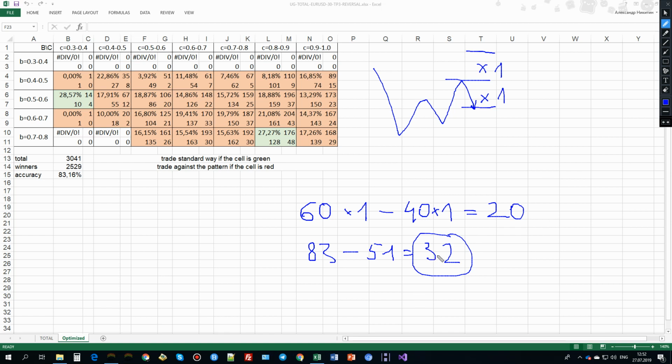So for this to be 32, I think it should be more than 65, it should be 66, I suppose. So if this one is 66 and this one is 34, in this case you have a 32 result, yes. It is the same as having 66, 1/3 generating 1. You see how powerful this inverse strategy is on Euro-dollar.